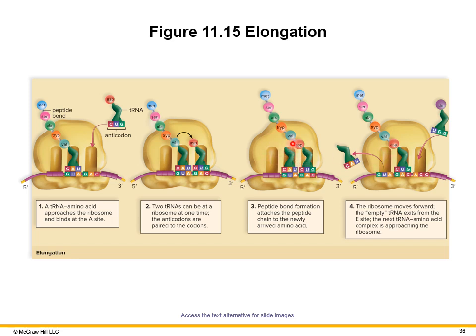So how did it move from the P site to the exit site? The ribosome actually moved forward. So the ribosome moved forward, and that caused a shift of the mRNA and also the tRNA. Now the tRNA in the A site is going to move to the P site, as we can see here. And the new tRNA is going to come in, and the cycle will continue.